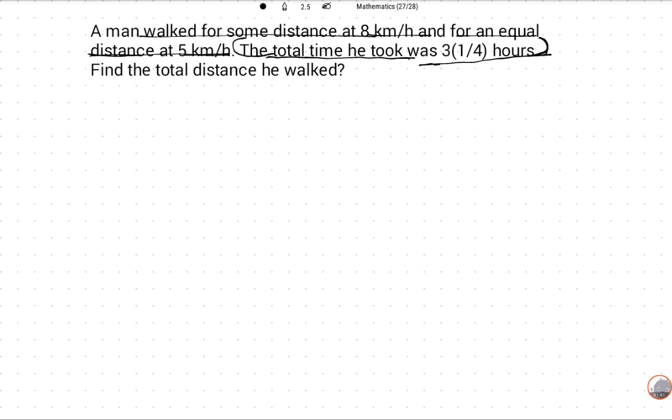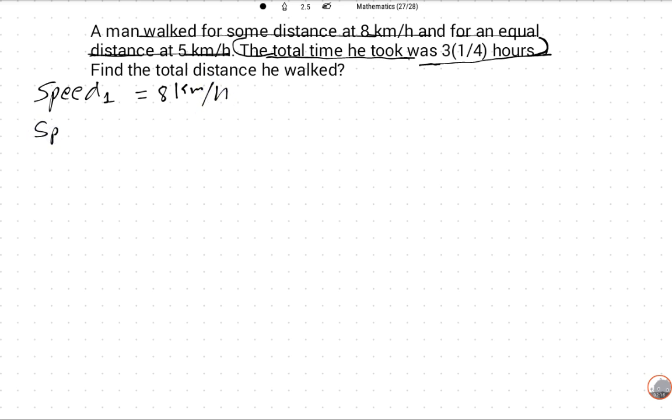Okay. So first of all, I collect the data. Speed 1, 8 kilometers per hour.